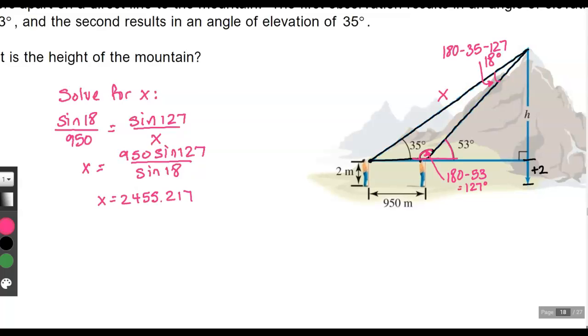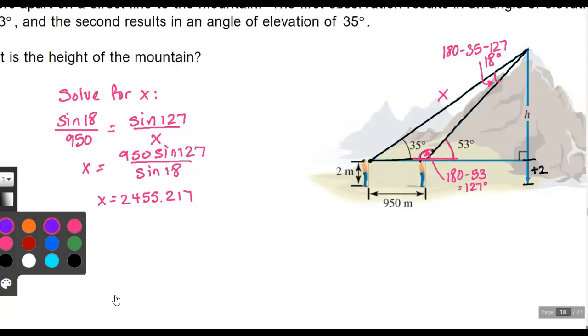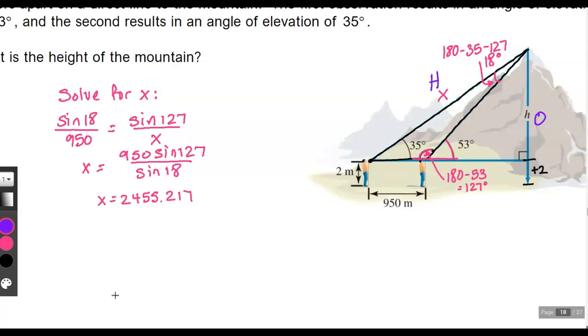So now that we know what that long hypotenuse is, how can we solve for h? You can just use regular right triangle trig, right? H is our opposite side, x is our hypotenuse, and our angle is that 35-degree angle. So we're solving for h now.